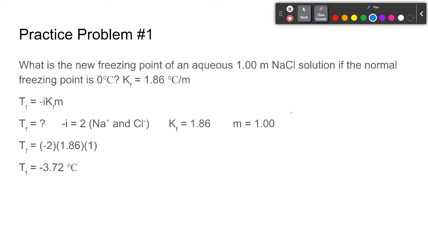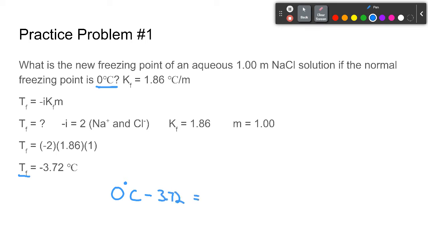If we're trying to figure out what the new freezing point is going to be, what we do is we take our starting freezing point, which is right here in the question. We would take our 0 degrees Celsius minus whatever our Tf is, minus negative 3.72.